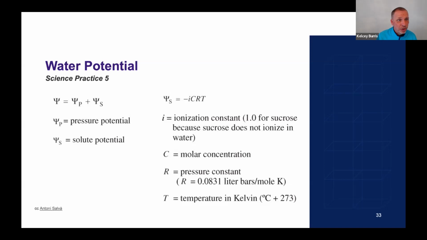C is your molar concentration, so you're going to need to pull that out of the question. R is the pressure constant, so it's always 0.0831. And then temperature in Kelvin. So they will give you the temperature in Celsius, and then you'll need to convert it by adding 273. You multiply all those together and you get your solute potential.